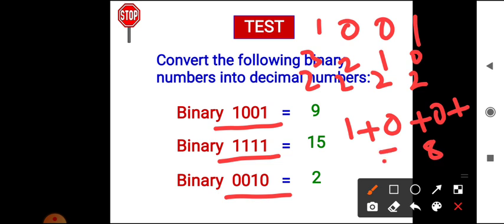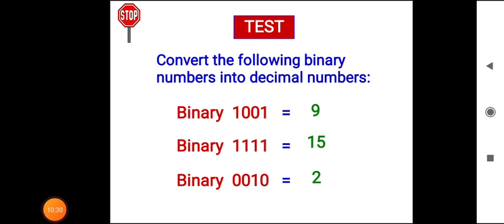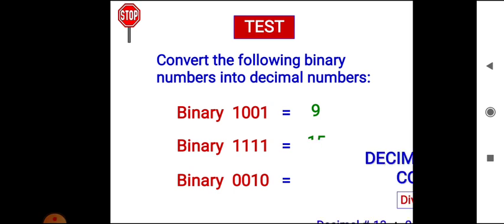Adding, in total we will get 9. Similarly, for binary 1111 we will get 15 as the answer, and 0010 we will get answer 2. So these are the examples of converting from binary to decimal system.